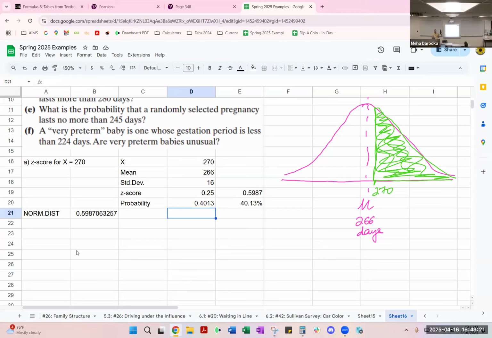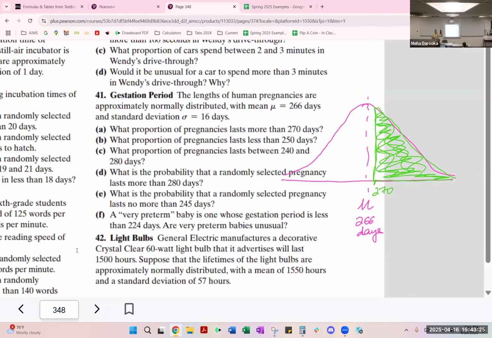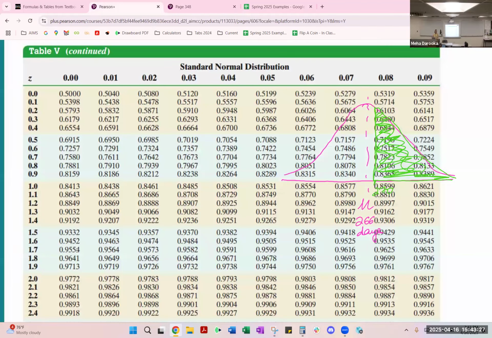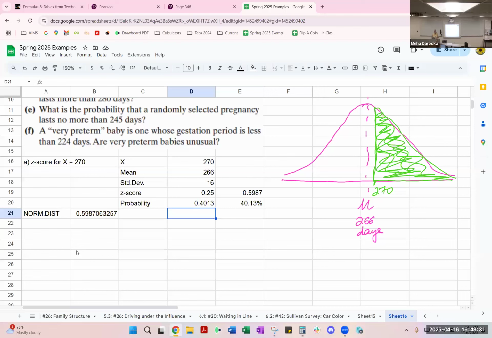So you can use NORM.DIST to find your probability, and you will see in that case we don't have to use the table, right? Because the formula is doing the table work for us. Then you do the same thing over here: you will do 1 minus this probability value that you just came up with, and then convert it into a percentage.